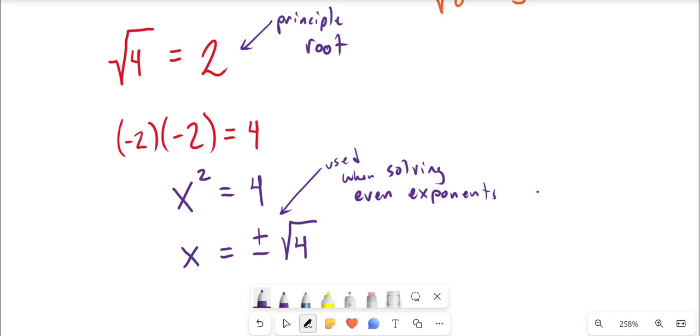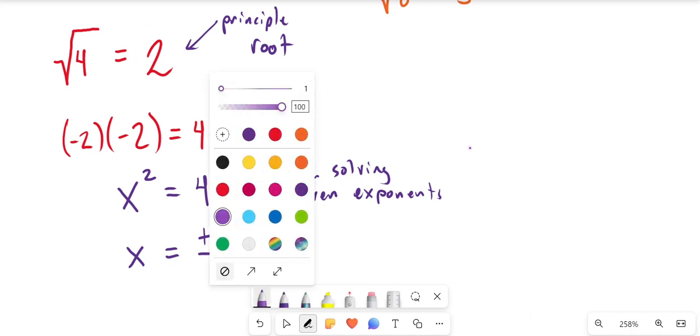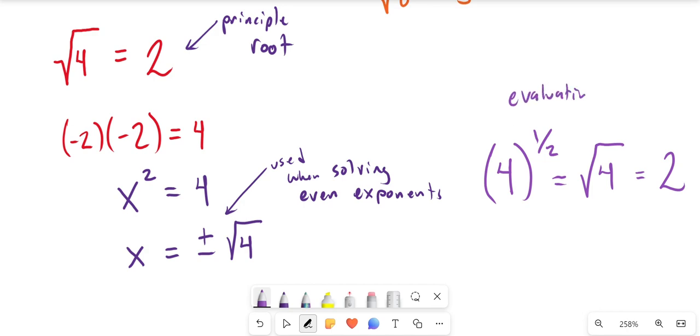But if I just say, without any solving involved, what is 4 to the 1/2 power? Or, what is the square root of 4? Well, then you can just tell me 2. So when we're evaluating, we only use the principal root.